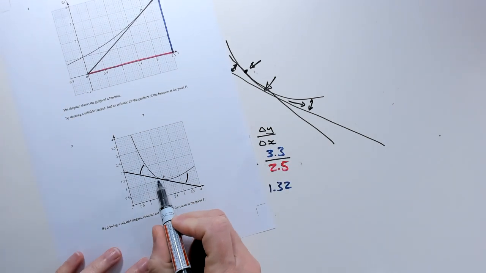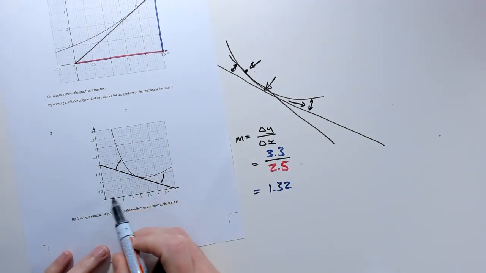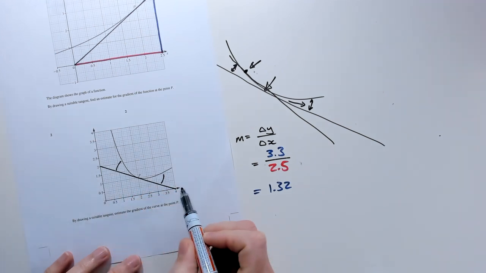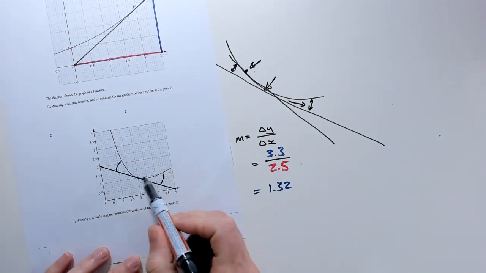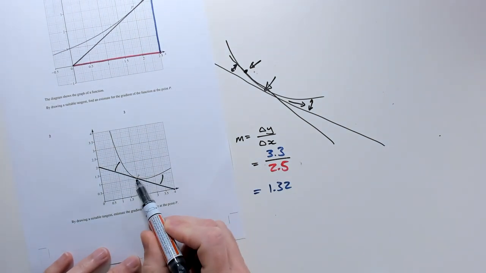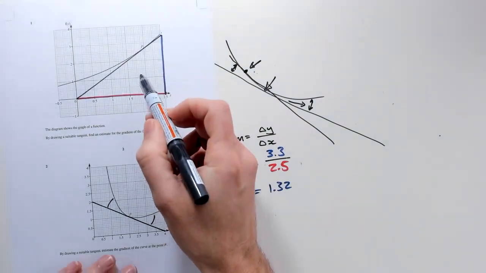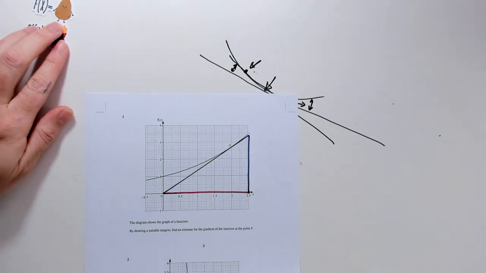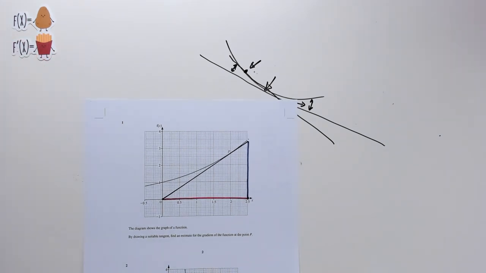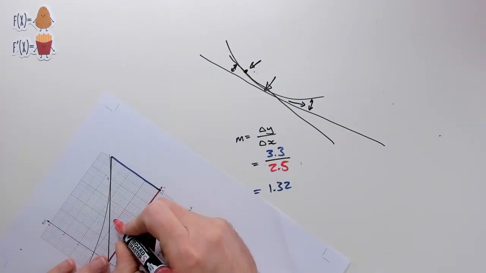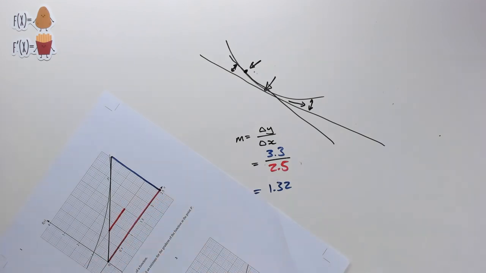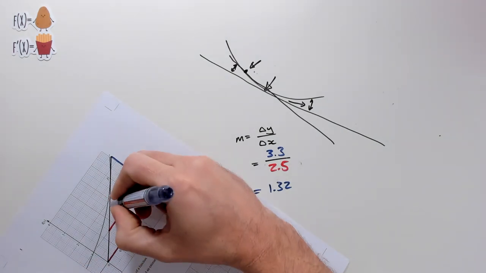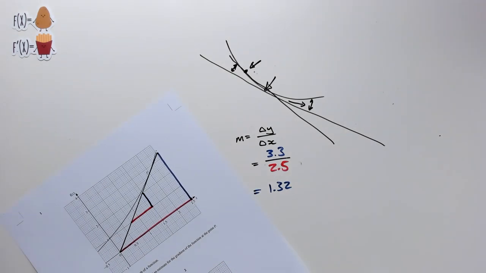That tangent would give me the gradient at that point, not anywhere else, just at that point. One thing that I forgot to mention is I don't have to use the very big triangle. I can use a smaller triangle. If I wanted to use this part over here and that part over there, that would have been fine. It doesn't have to be the biggest triangle.